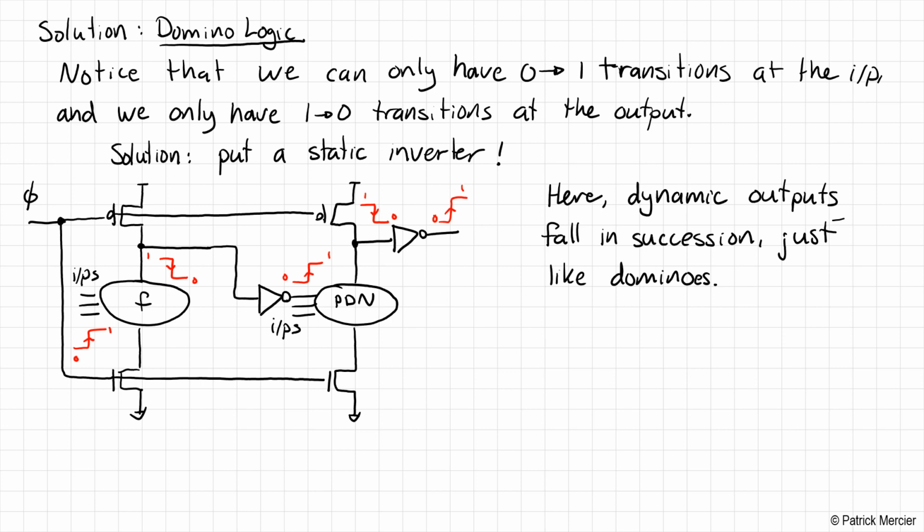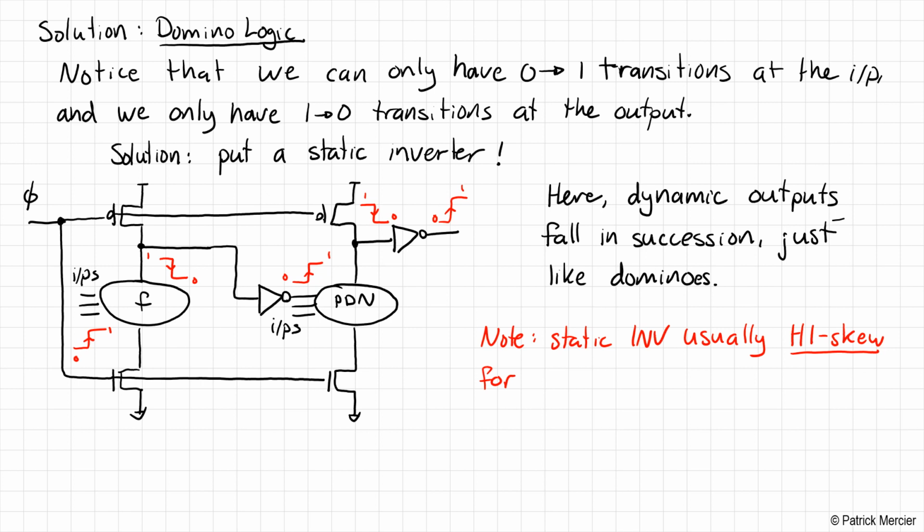So I'll make another note here. There's some interesting things we can do here. The static inverter used between the domino gates is usually designed to be a high skew inverter. Okay, why? Well, we only have one type of edge coming in. We have a falling edge at the input coming in, and therefore we only have a rising edge at the output coming out.